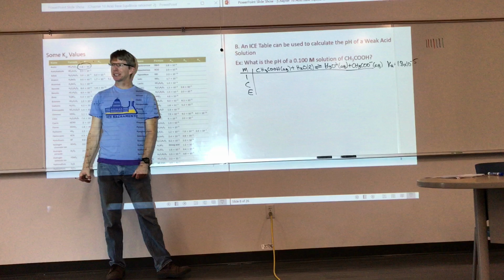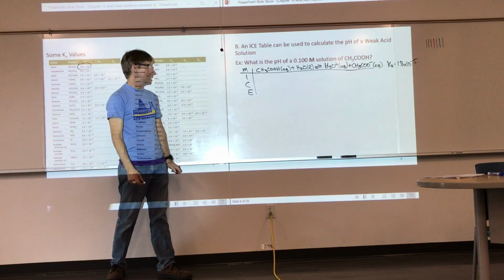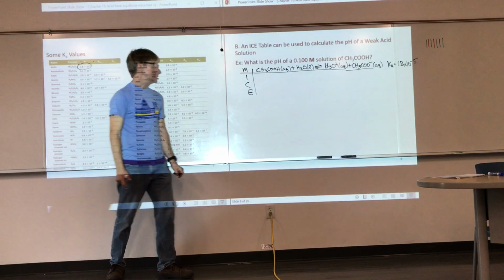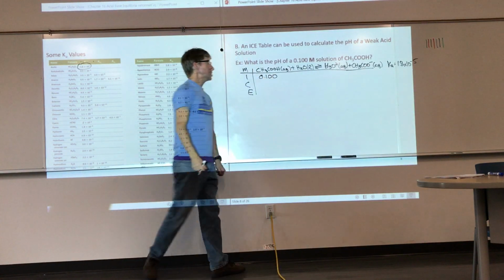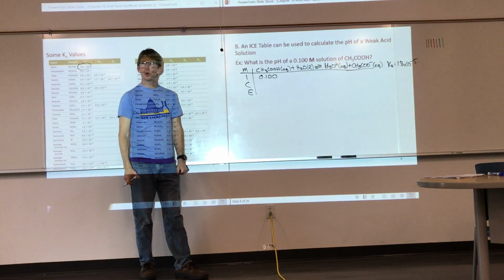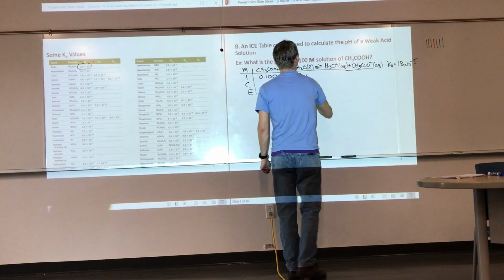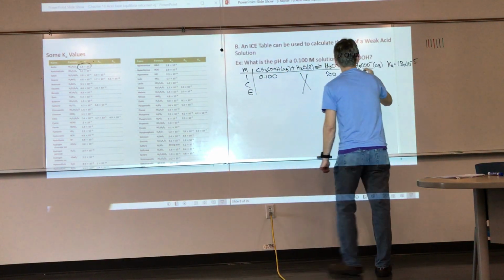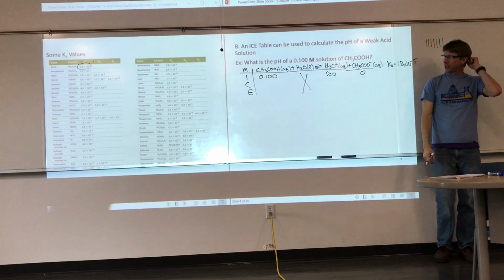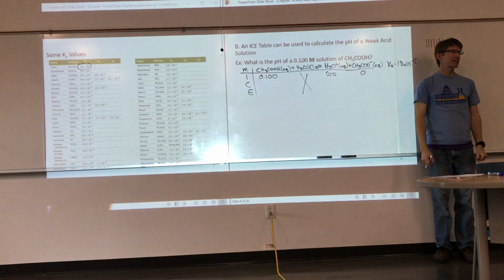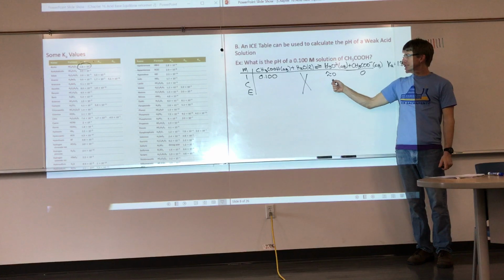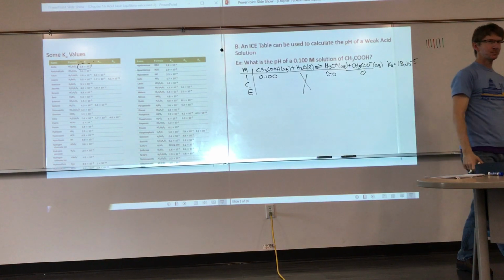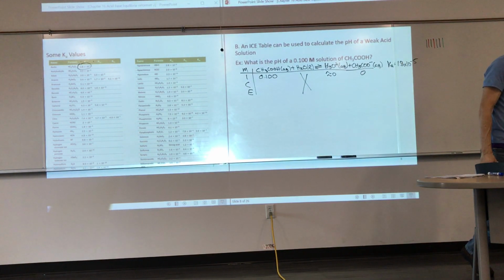This is a molarity ice table, as has everyone been either molarity or atmosphere so far. We start with an initial concentration of 0.100 molar. We don't care about water because it does not appear in our equilibrium constant expression. We have approximately equals 0 for hydronium because this is in water.